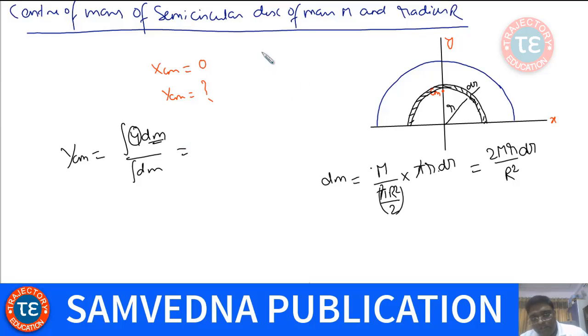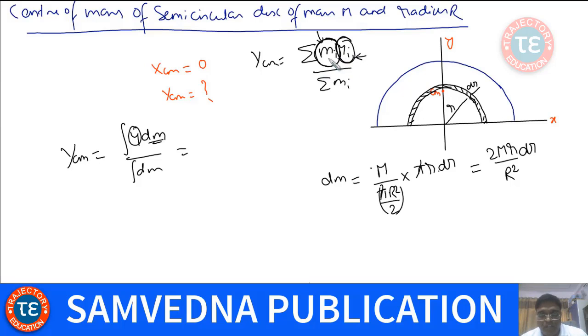Whenever I use this formula, sigma mi yi by sigma mi, we make use of one fact. Let me write it again. When mi is a particle, yi is the position of that particle, and when mi is a rigid body, meaning an extended object, then yi is the position of the center of mass of that rigid body.